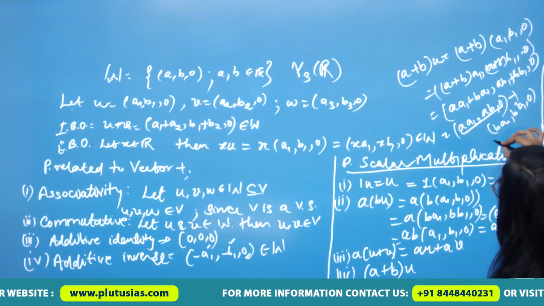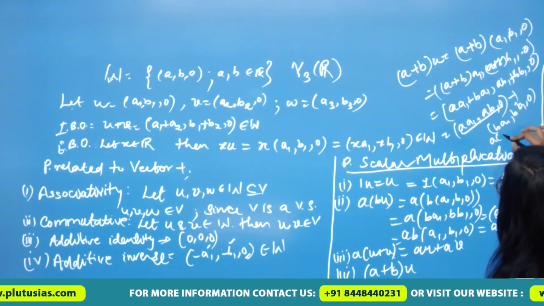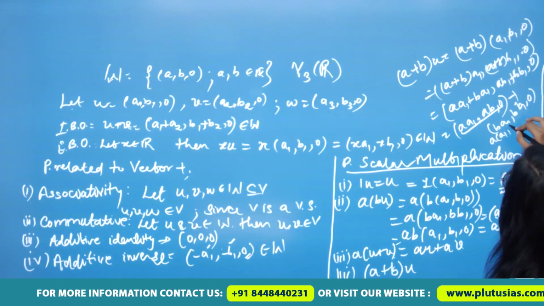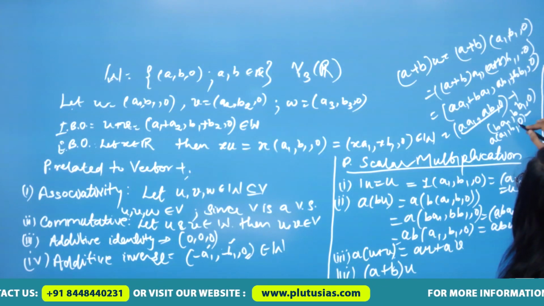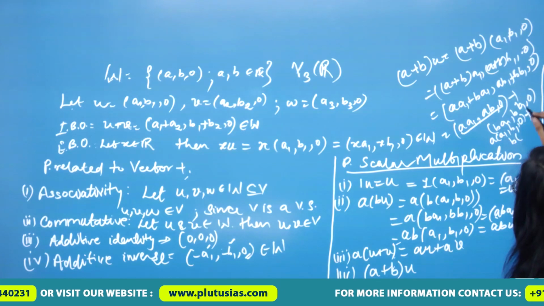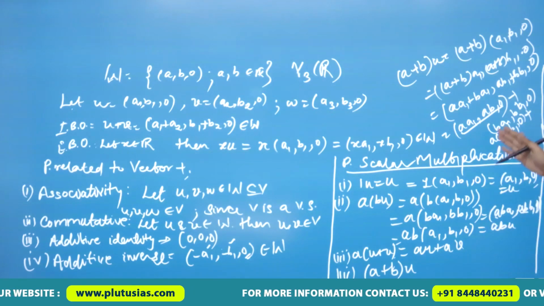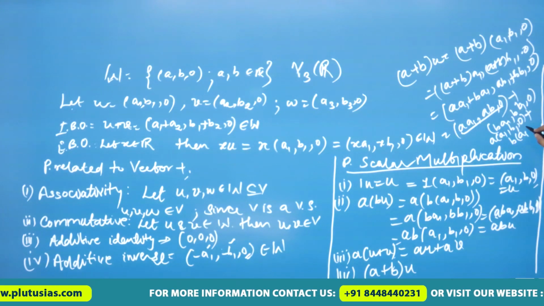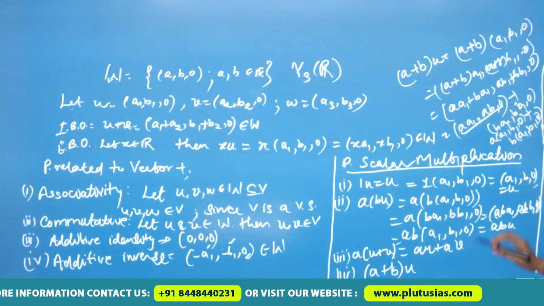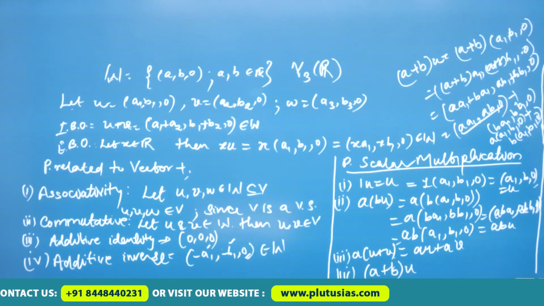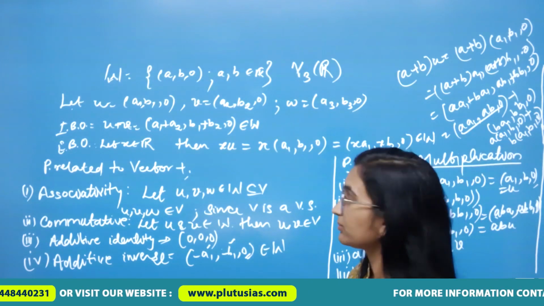From here we can take a outside, and we are left with a1, b1 and 0. And from here if we take b out, then what will be there? a1, b1, 0. Then see clearly, what is this? a1, b1, 0. This is nothing but u.